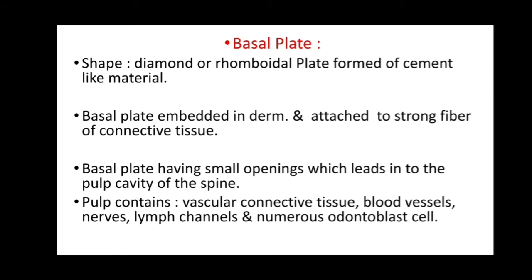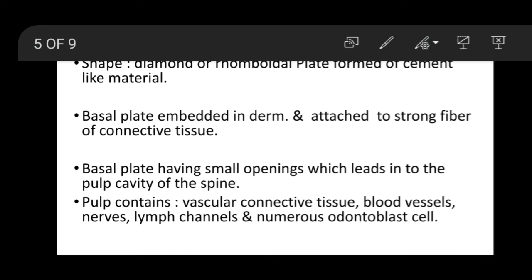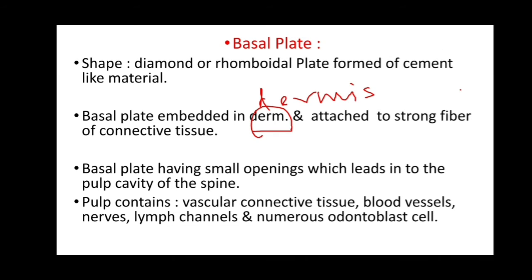Again, the basal part of the placoid scale, the shape of the basal plate, is a diamond shape, also known as rhomboidal. It is formed of cement-like material. This basal plate is embedded in the dermis and attached to strong fibers of connective tissue.